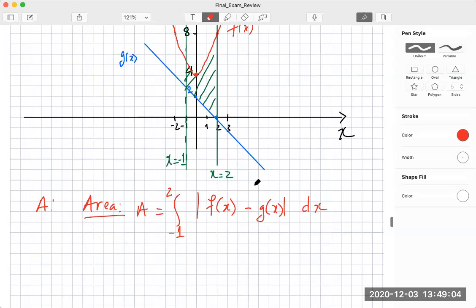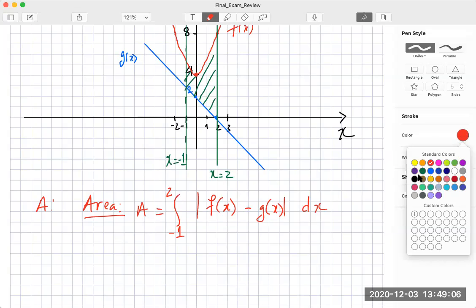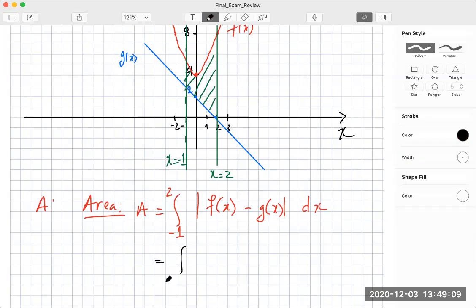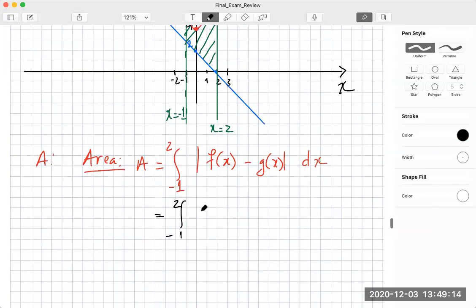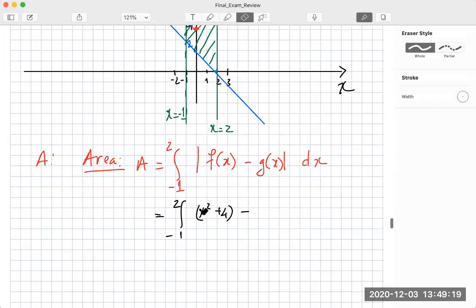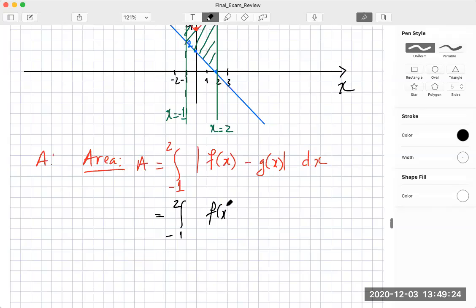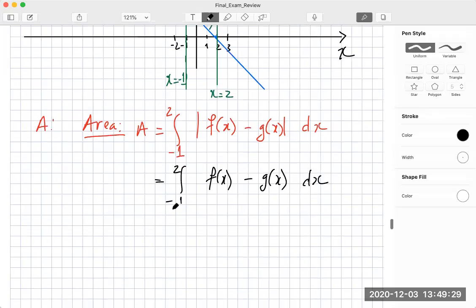So we can get rid of the absolute sign, which gives us the integral from -1 to 2 of f of x minus g of x dx. f of x is x squared plus 4, and g of x is negative x plus 2.